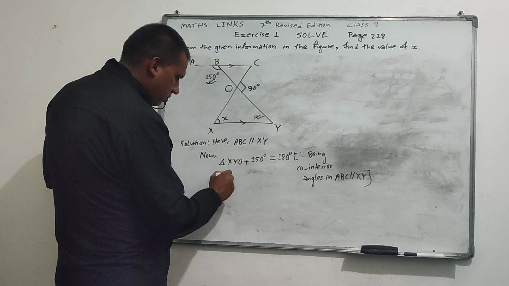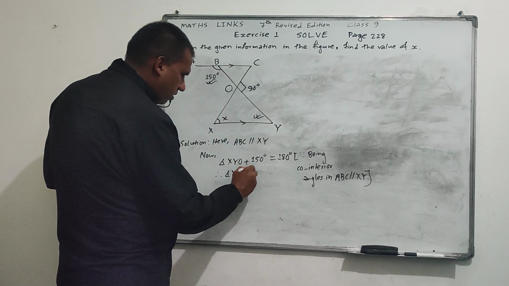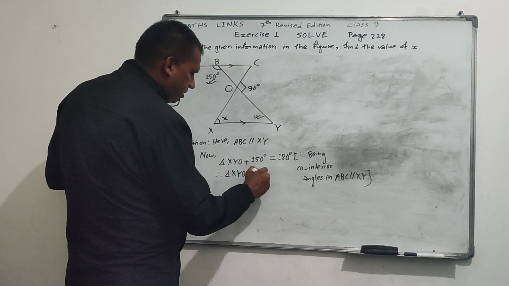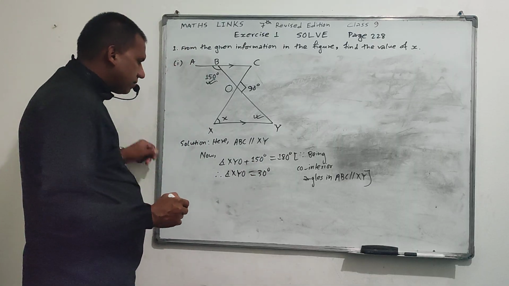Therefore, angle XYO equals 180 minus 150, that is 30 degrees.